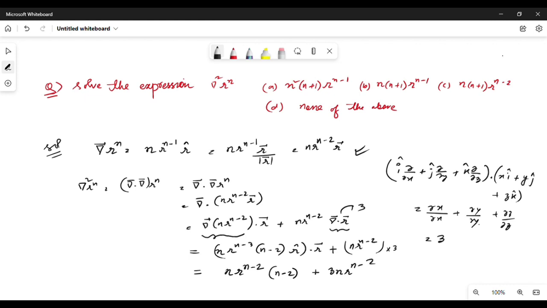Now if you simplify it, you may take the common terms, and after simplifying you will get the answer as n square plus n as common term, r to the power n minus 2, right? Then you can again take n common, n into n plus 1 r to the power n minus 2. So you may see that the C option is the correct option. So this is a very important question, and you will learn the property of divergence and del square from here, right?